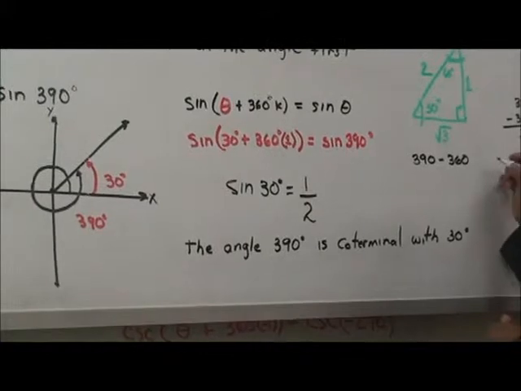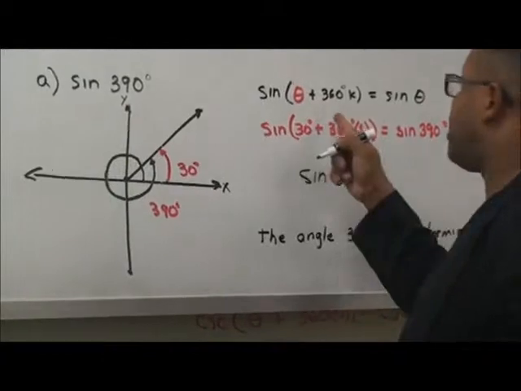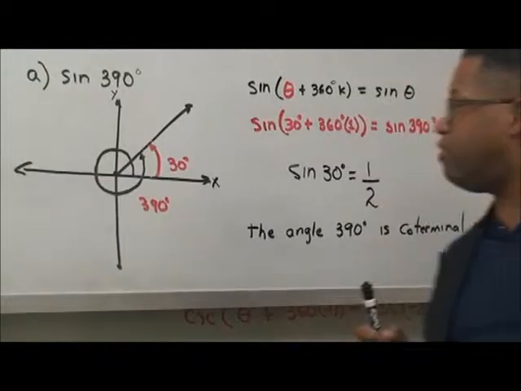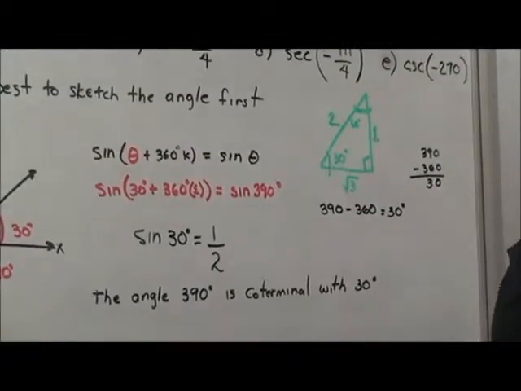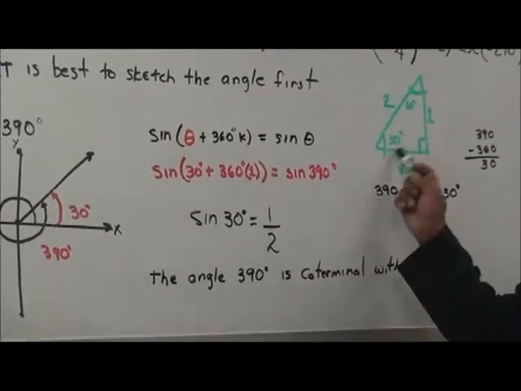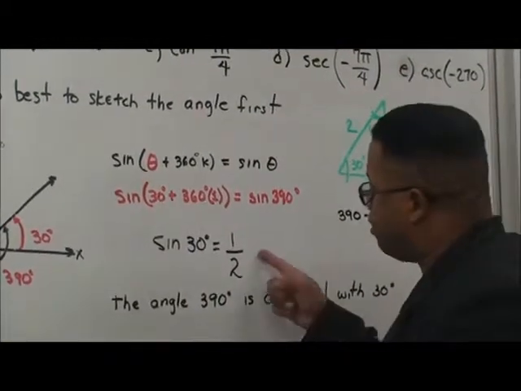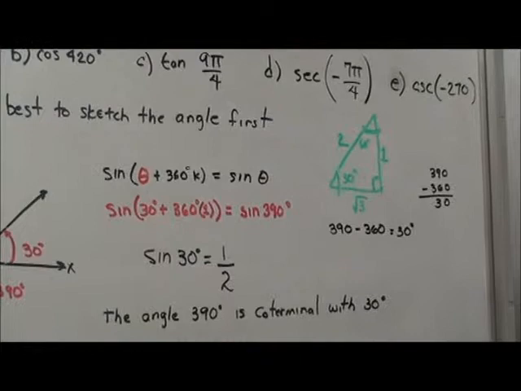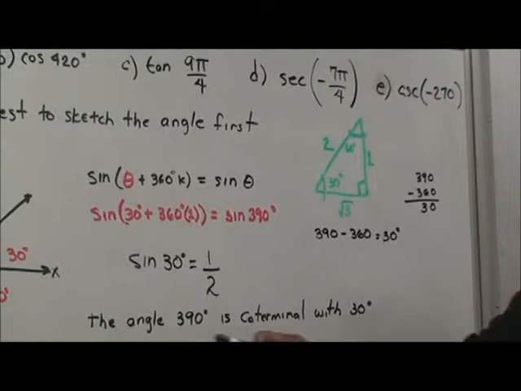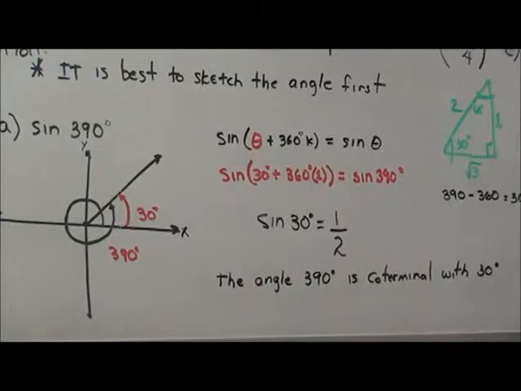Now it's sine 30, because we're talking about sine 390 degrees, so we use the coterminal angle to find the exact value. Since we're talking about a 30-60 triangle, the value will be 1/2. So sine 30, the coterminal angle, has a value of 1/2, and we can say that the angle 390 is coterminal with 30 degrees.